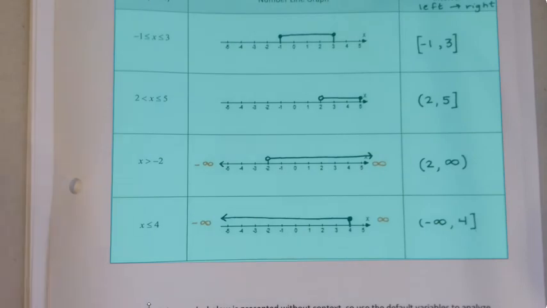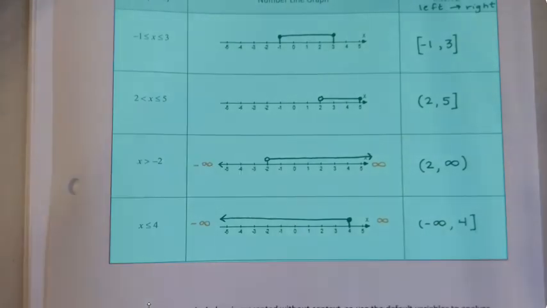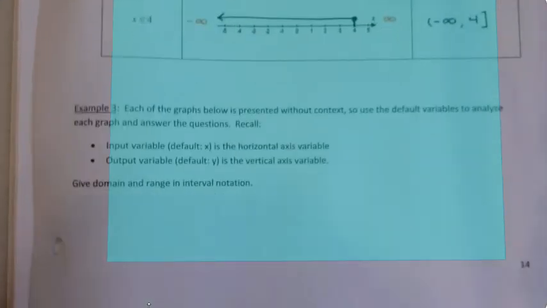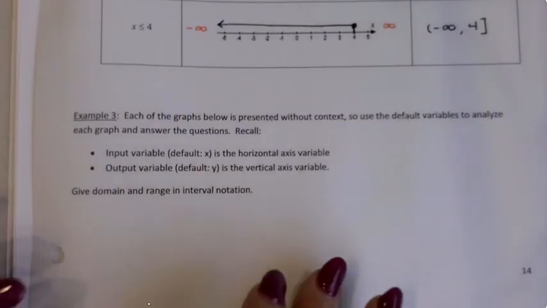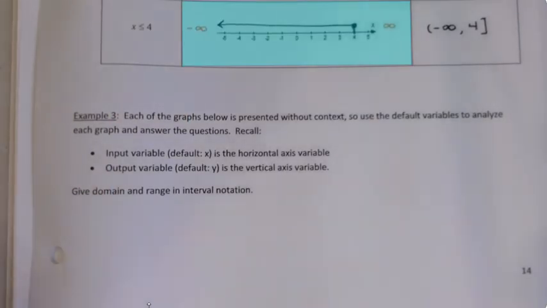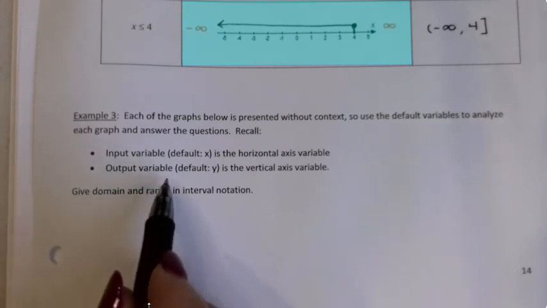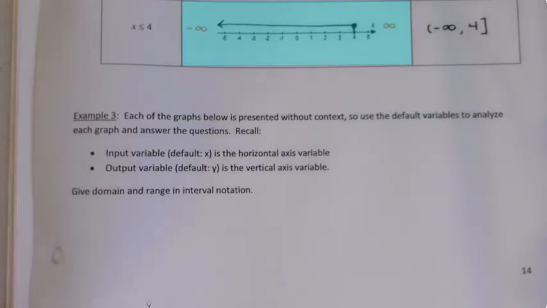All right, our last couple of examples, we're going to be using this interval notation. And each of the graphs on the next couple of pages are going to be presented with no context, so we'll just default to x's and y's. We'll assume our input is x, the horizontal axis variable, and our output is y, the vertical axis variable.